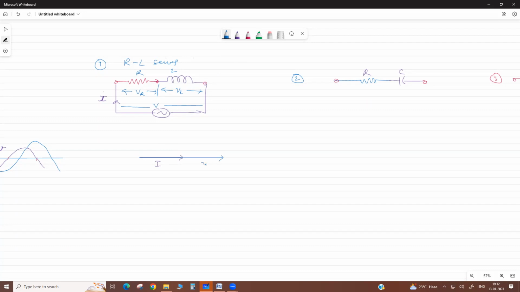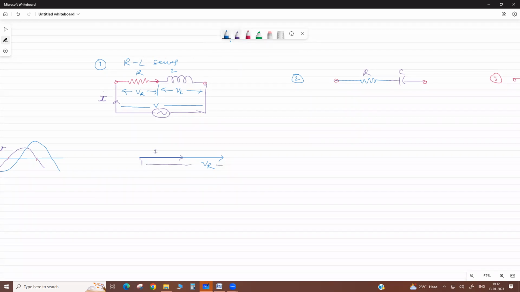Correct? So this is VR. This is the total voltage drop.